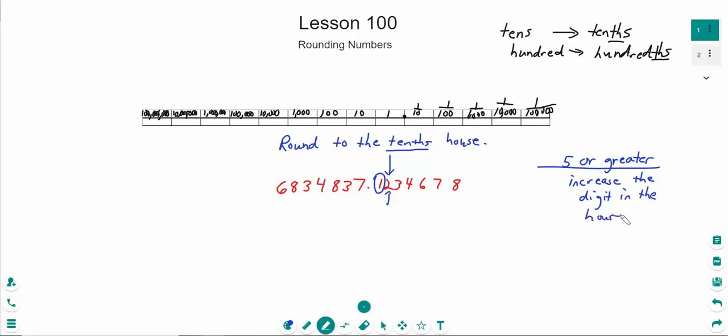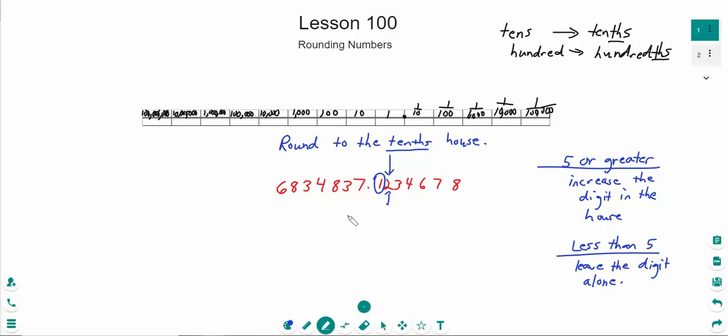Okay. If it's less than 5, then we just leave the digit alone. Pretty basic stuff. I'm sure you've done this before.